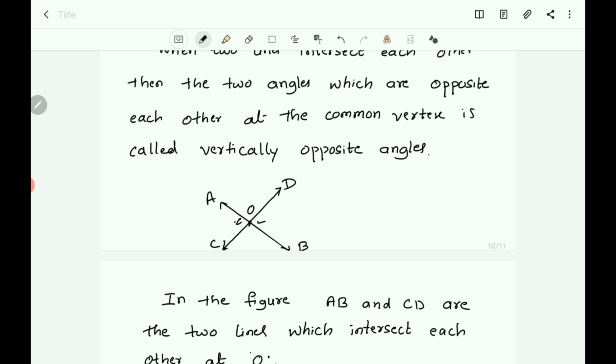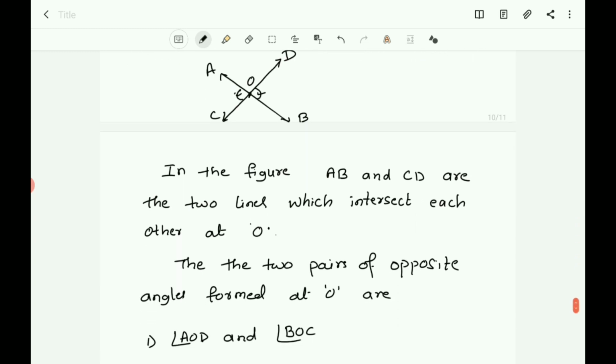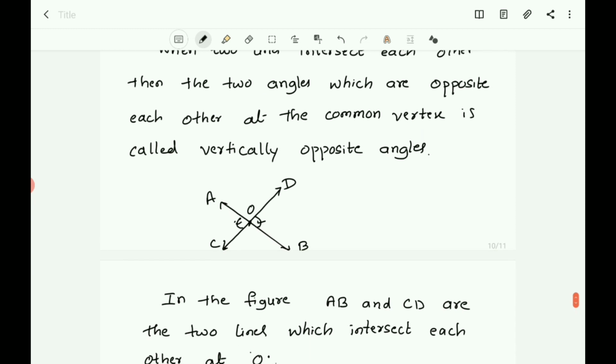Angle AOC and angle BOD are opposite to each other and they are called a pair of vertically opposite angles.